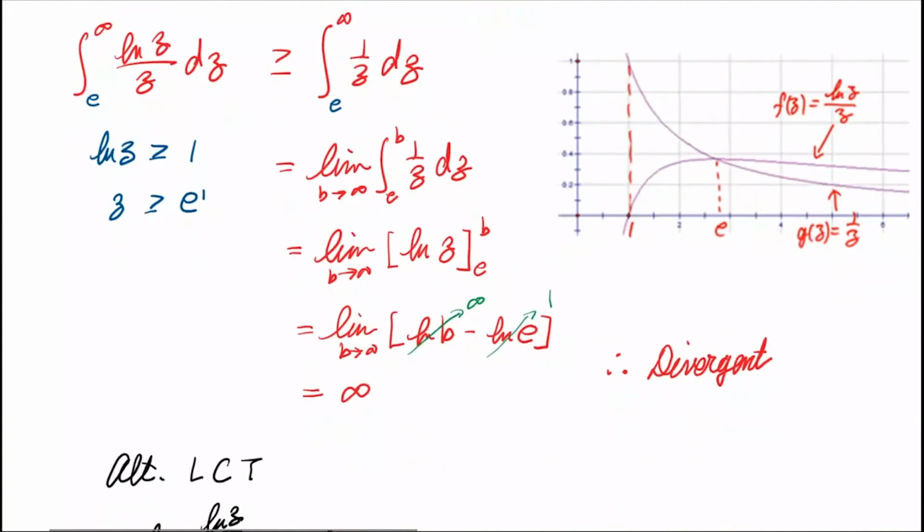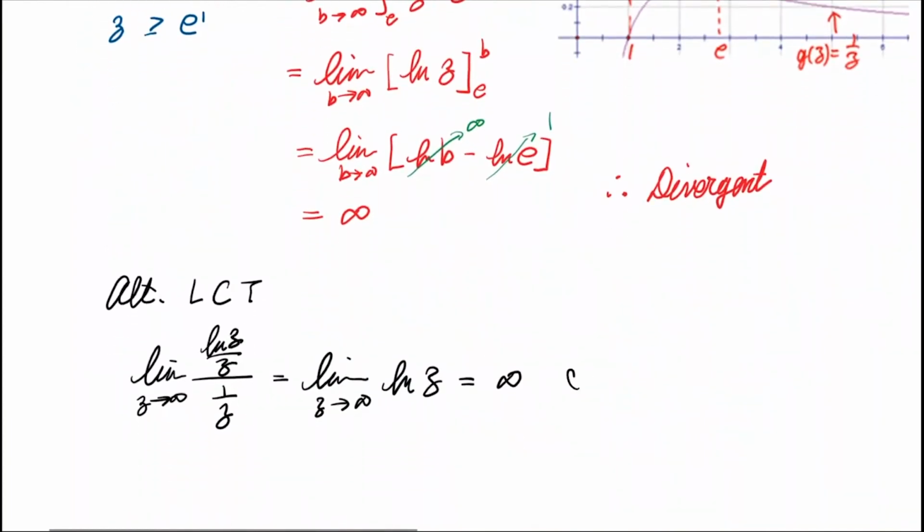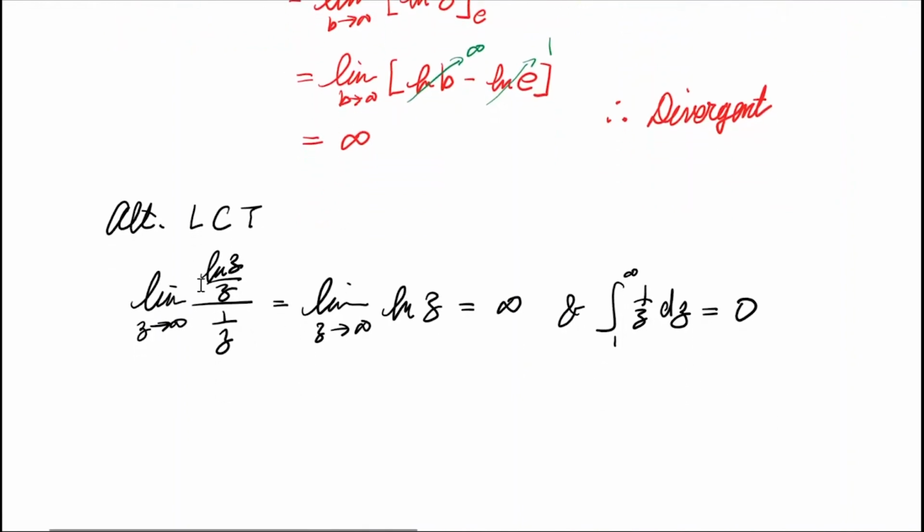And the integral from 1 to infinity of 1 over z dz is equal to infinity. That tells you ln z over z is growing a lot faster than 1 over z. And since this is already infinity, this has to be an even bigger infinity. So we could make this argument, therefore this is divergent.